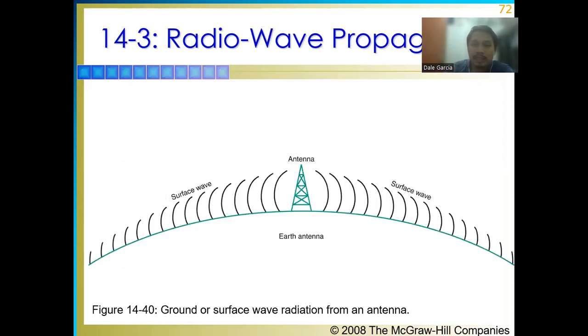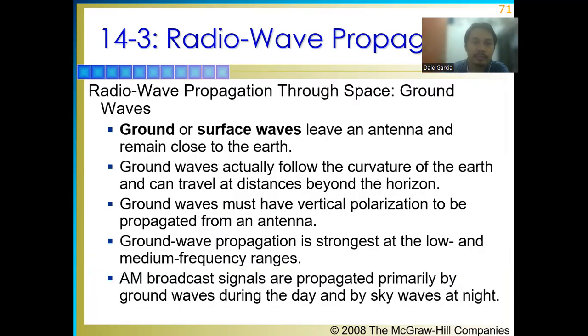If we have an antenna designed exactly for this purpose, and the frequency of our signal is optimum for surface wave propagation, the electromagnetic wave will travel along the surface of the earth, ideally.